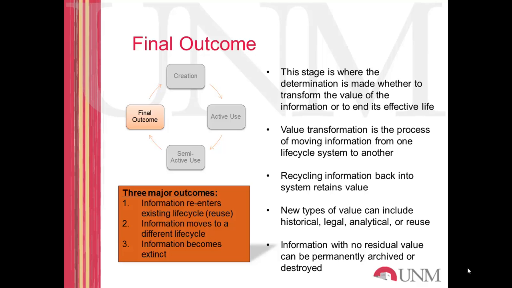And this is another occurrence of value transformation. If we recycle information, meaning that we're going to update it, reformat it, or incorporate it into other new information, then we can retain some of its original value, and that gets folded back into the creation process and continues to move within the life cycle and lifespan.